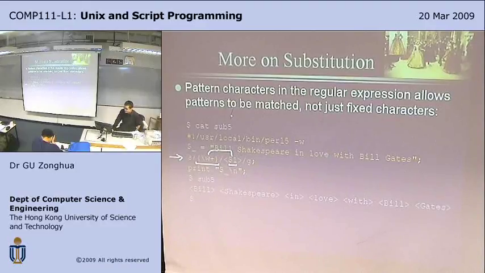because \w matches alphanumeric characters. So \w plus will match up to BILL. It won't match the space after Bill. The space is matched by big W, which is not in here. The next match is Shakespeare. So your first match, you replace it with the same string surrounded by angular brackets.